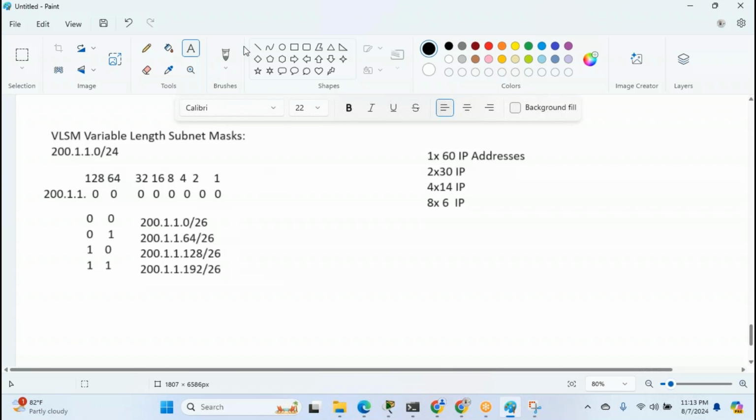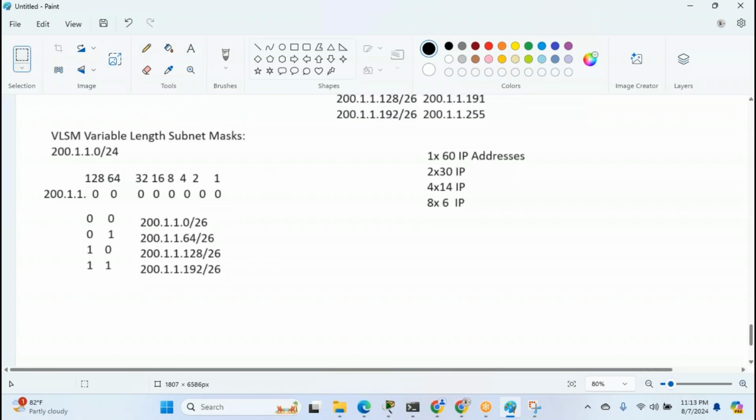So what I will do is give this last one to the customer with the requirement of 60 IP addresses. So it means now this one is unavailable.